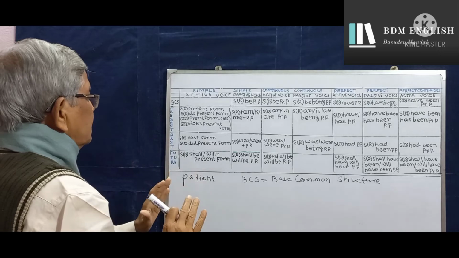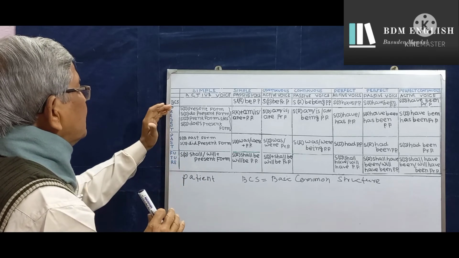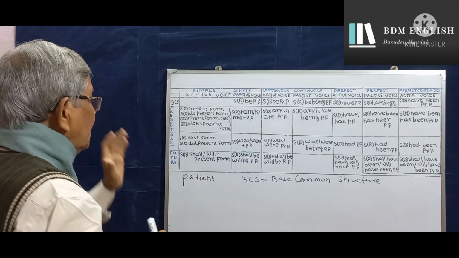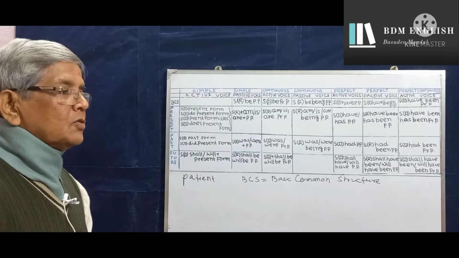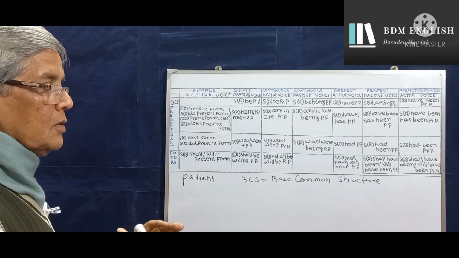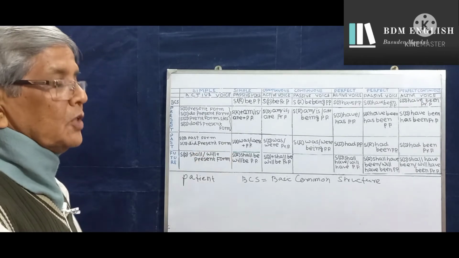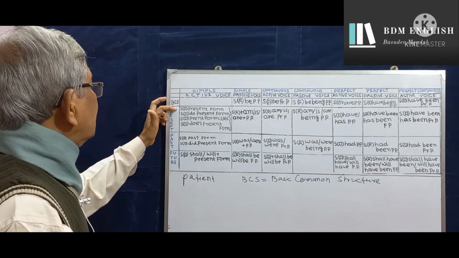Do is not a part of the original structure, the main structure, the three structures, two for present and one for past. Do is thus a standby helping verb. It is not used in normal sentences. When you speak on a topic or engage in a conversation, we usually use this form, the main structures.